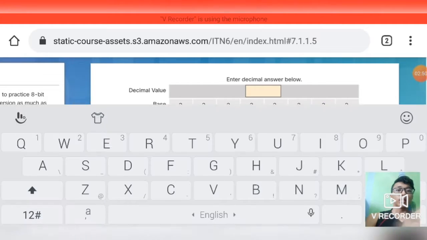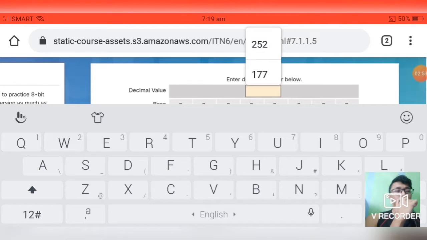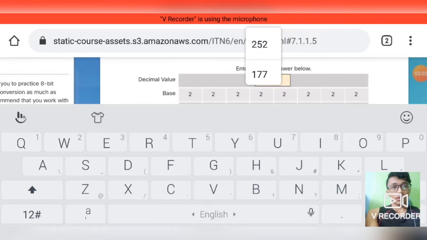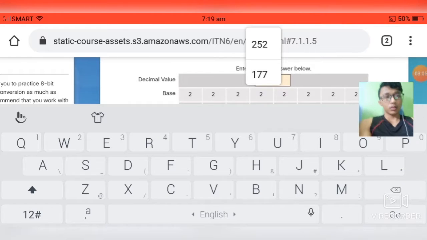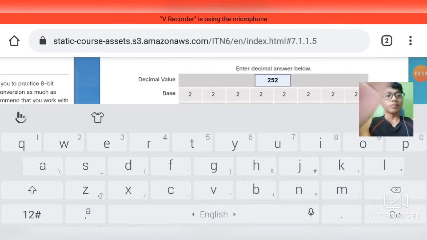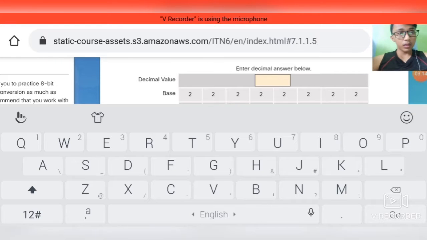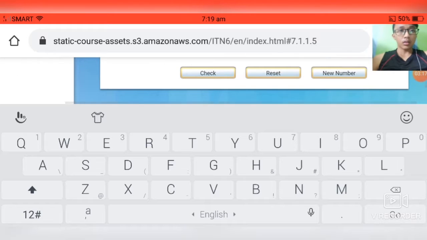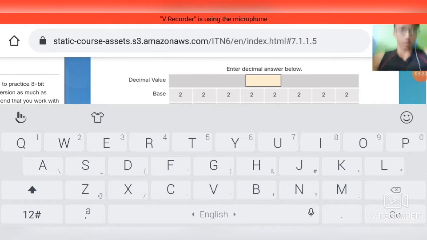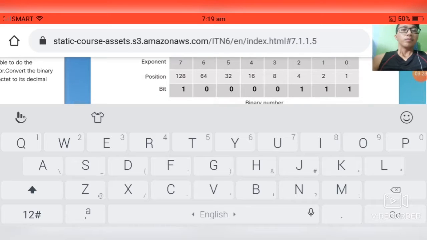So we are going to recheck if it is correct. So we have here 128. I'm using a calculator for us to easily solve the problem.